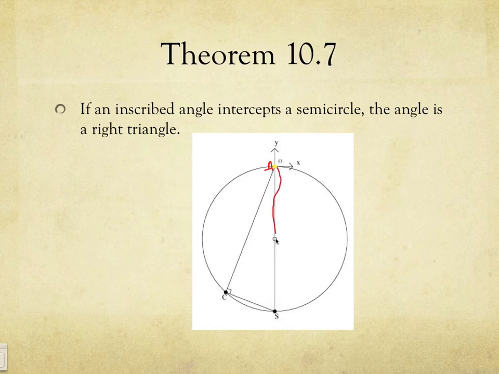Since our chord goes through the center and is the diameter, we know that we have a semicircle from A to S. Therefore, if we draw another chord connecting C to S, this angle here is going to be a right angle, which creates ACS as a right triangle.